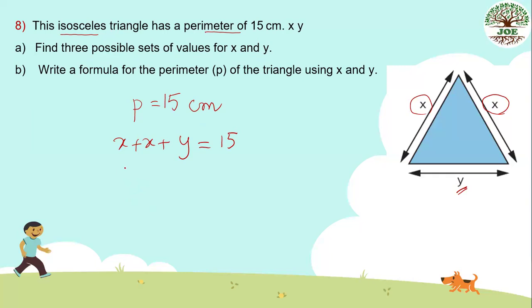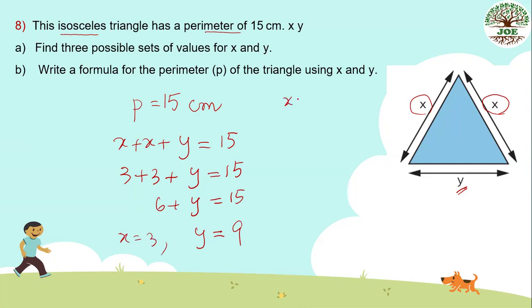Let's start from 3. 3 plus 3 plus y equals 15. So 6 plus y is 15. So our y is 15 minus 6. y is 9. So x is 3, y is 9.